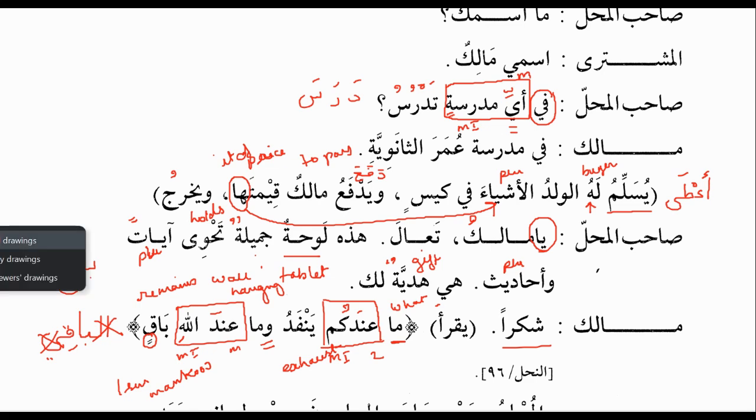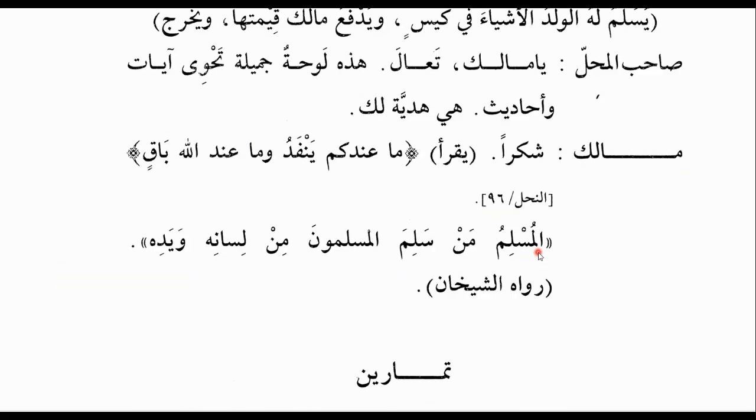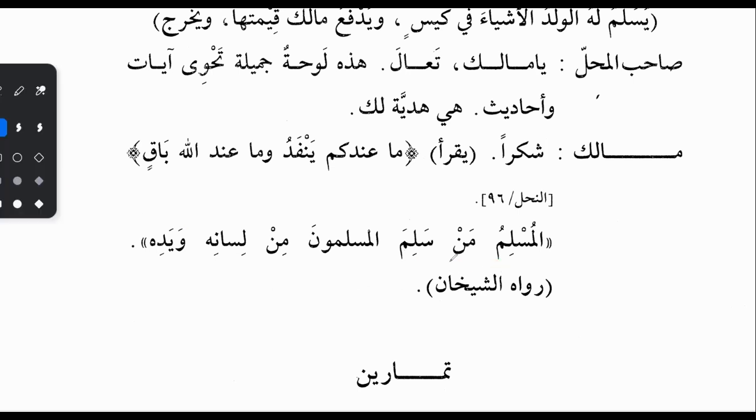Now let's see the next hadith: Al-Muslimu man salima al-Muslimun. So Al-Muslimu, who is a Muslim? So this is the explanation. Man, now this man is also ism mausul, the one who.